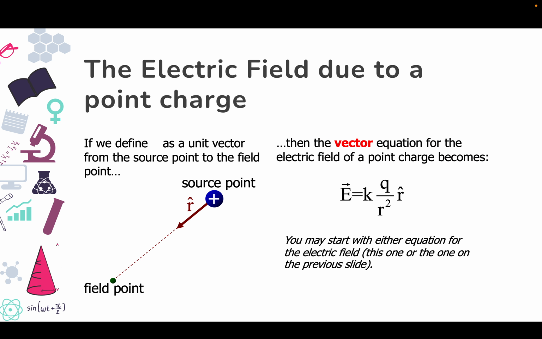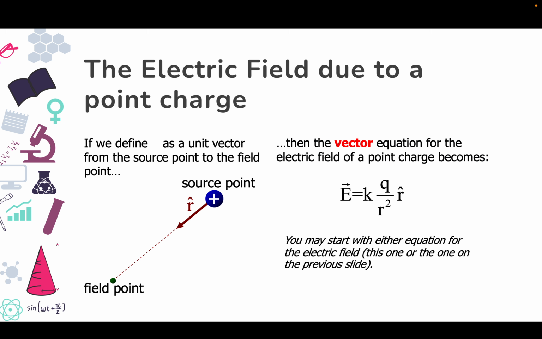And if we define r-hat as a unit vector from the source point to the field point, then the vector equation for the electric field of a point charge becomes this. So E, or the electric field, is equal to kQ over r squared, and then r with the hat is just a unit vector to indicate the position.